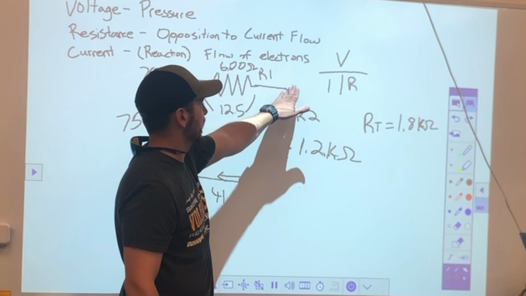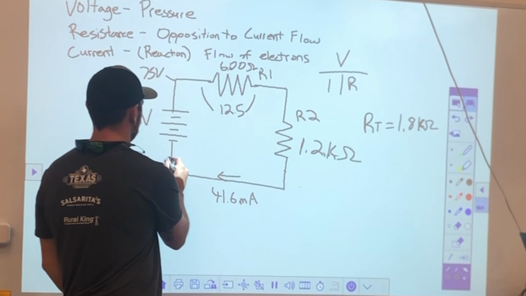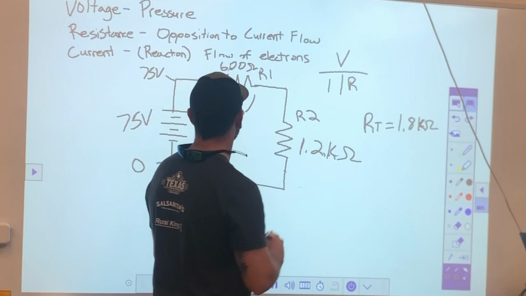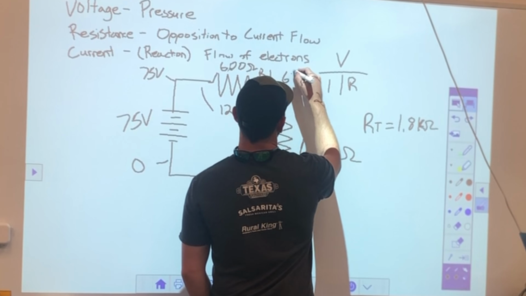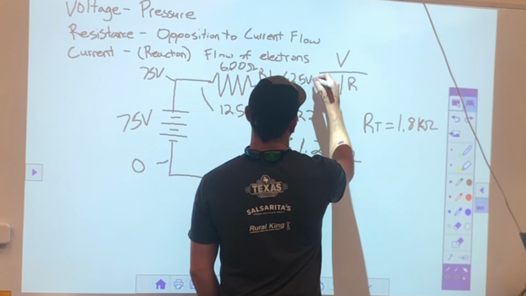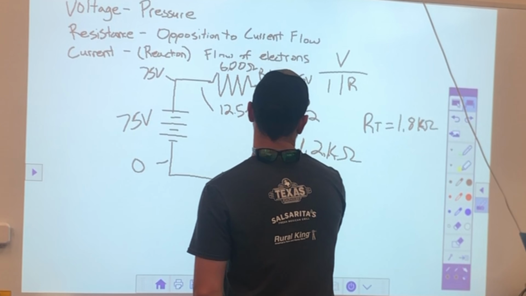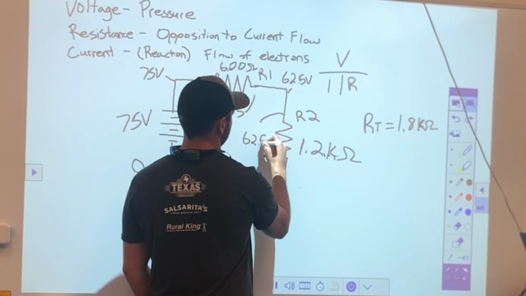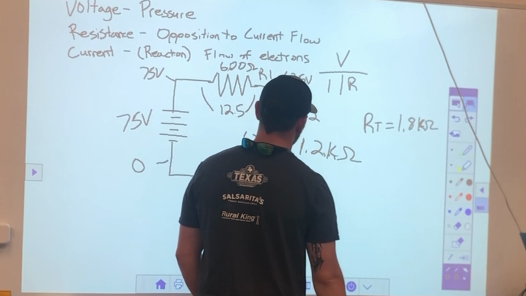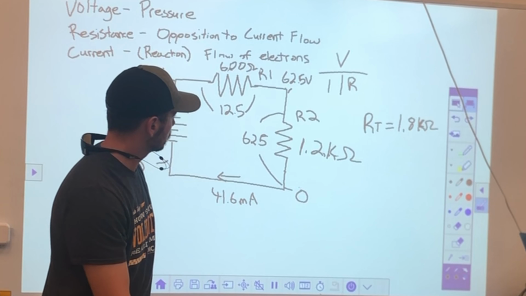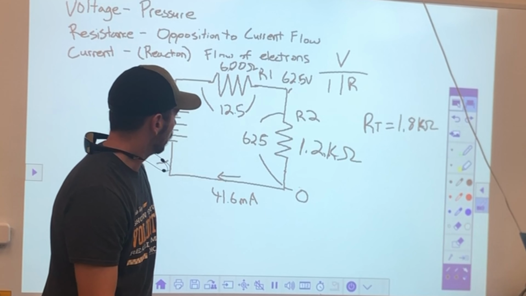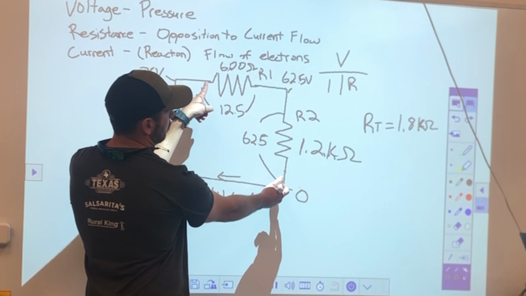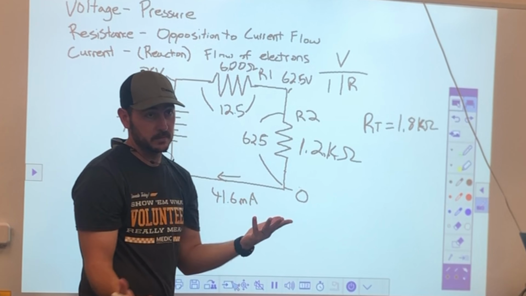So what's my voltage on this side? 62 and a half. Right? And then I know my voltage drop from here to here is going to be 62.5, right? What happens if I read from here to here? It's going to be 75, the total, right?